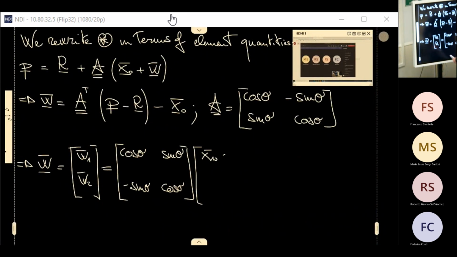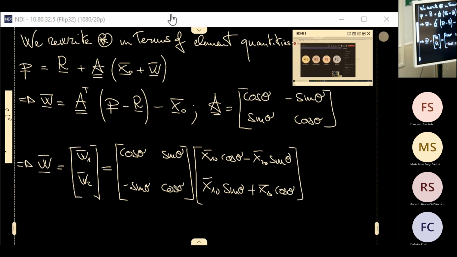And we get x10, minus of theta, minus the initial position with respect to the local frame of the element, no?